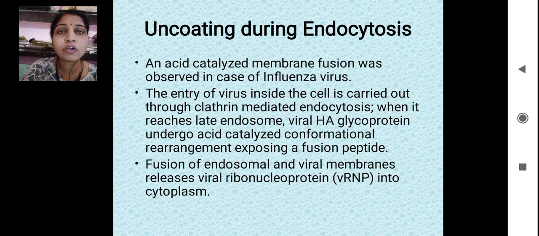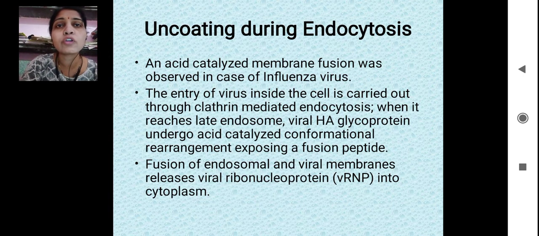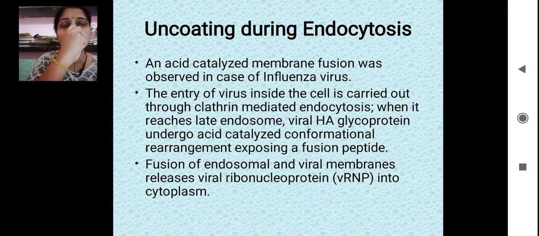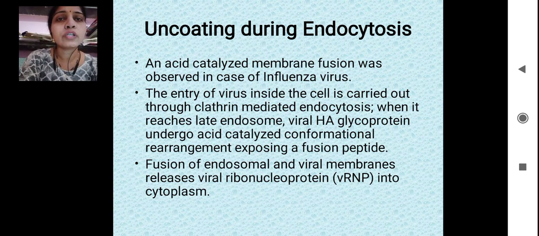Now we switch over to another type of uncoating procedure, that is uncoating during endocytosis. Not all viruses are uncoated at the plasma membrane. Some viruses may be uncoated during endocytosis.